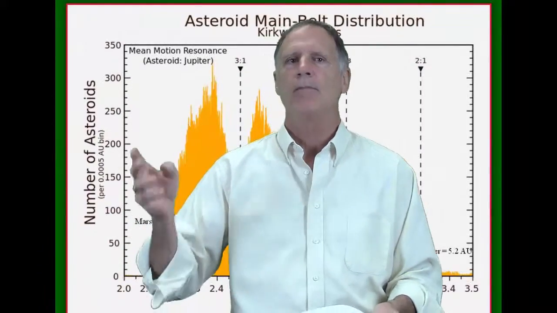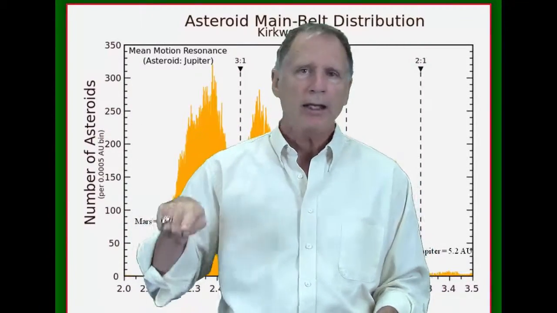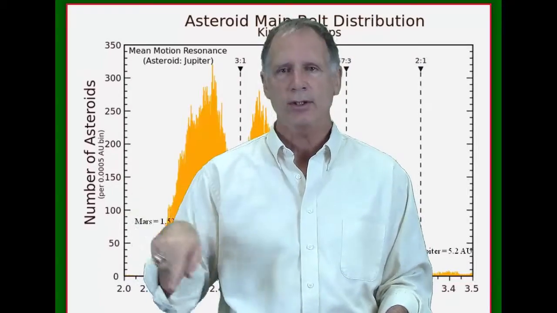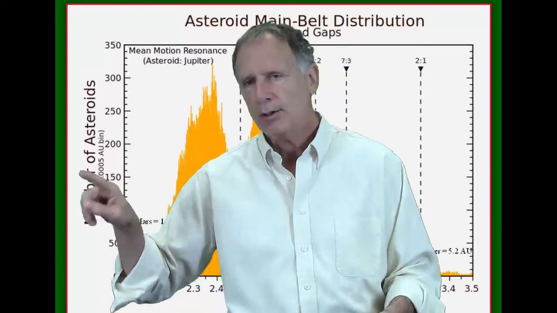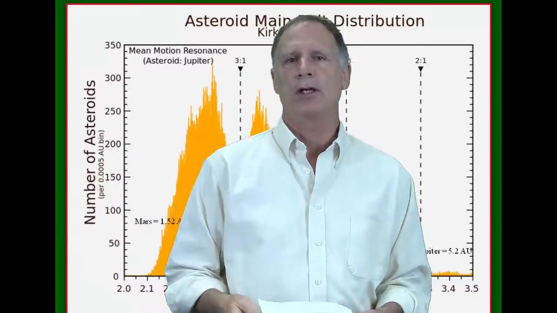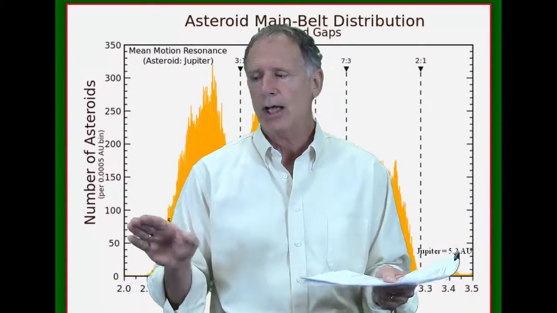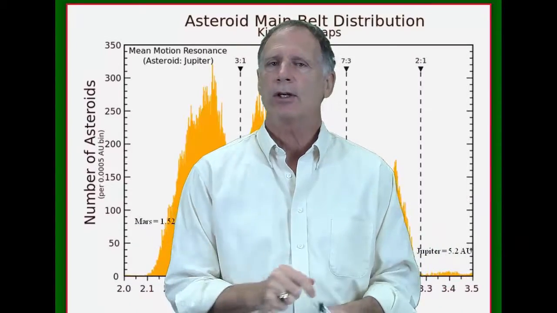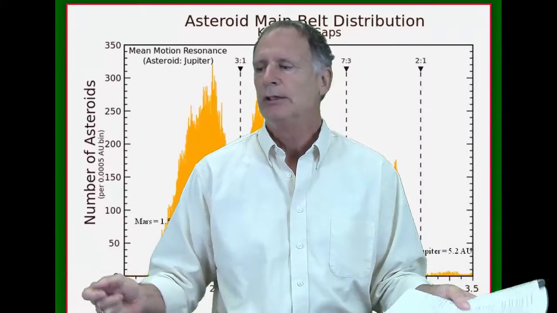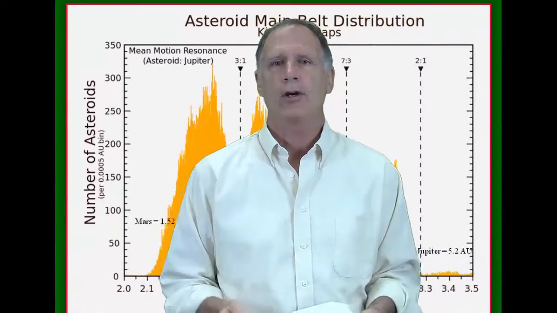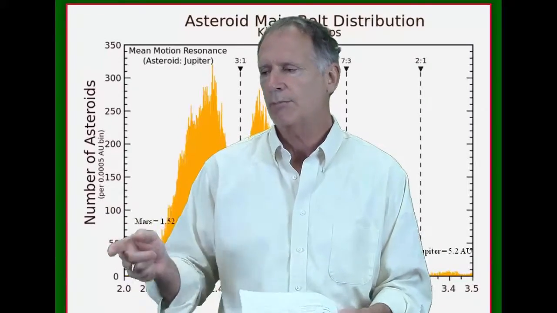So a 3 to 1 Kirkwood Gap means that the object within that gap orbits the sun 3 times to every 1 time that Jupiter does. And it turns out, and I'm not going to get into the details about why, that these areas are extremely unstable, and objects get thrown out of these areas because of the gravitational pull on them.